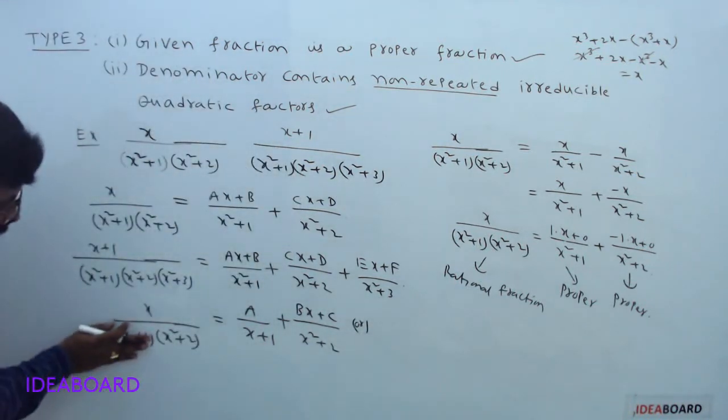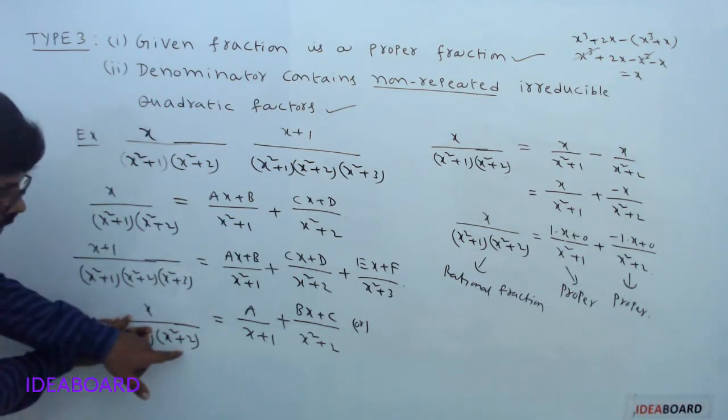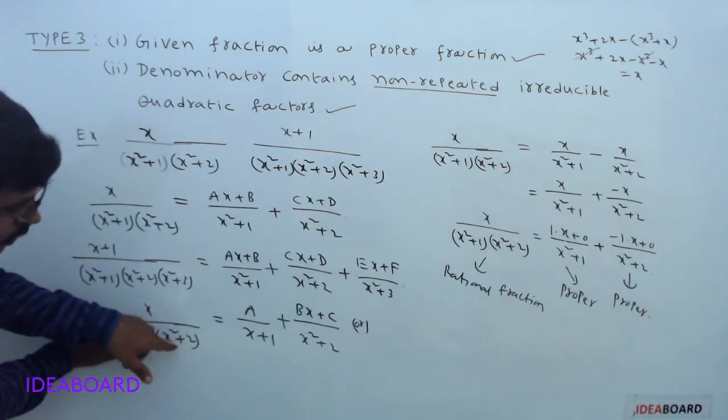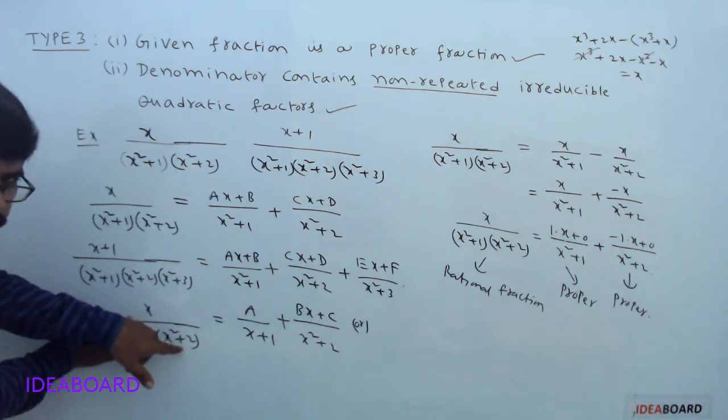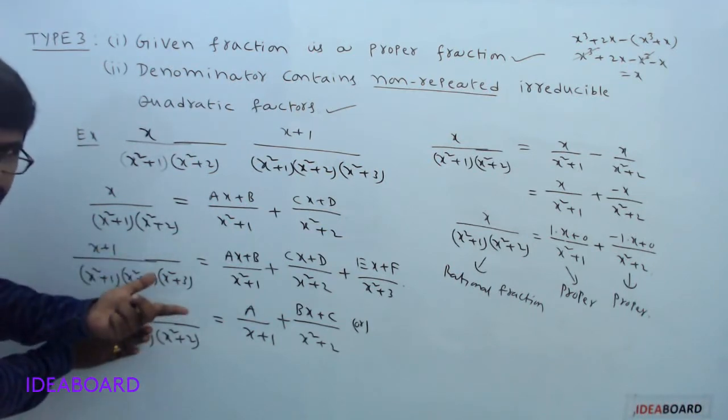Or suppose if you close x plus 1 initially, then this is a non-repeated irreducible quadratic factor. Corresponding to it, there exists a linear factor in its numerator.